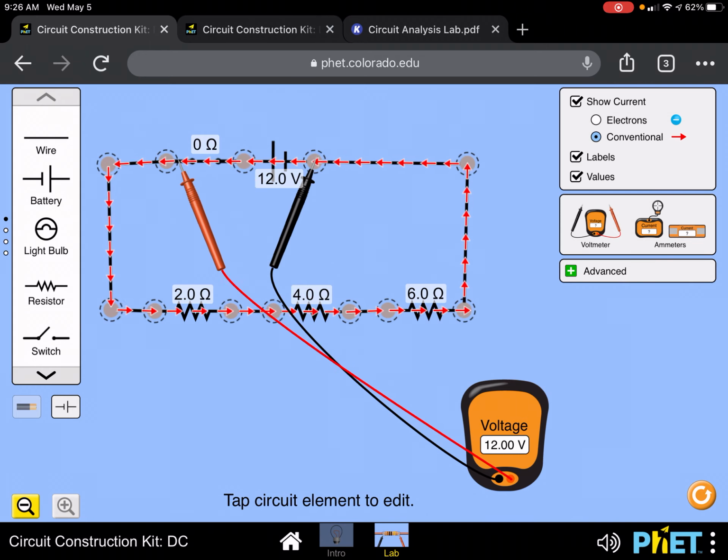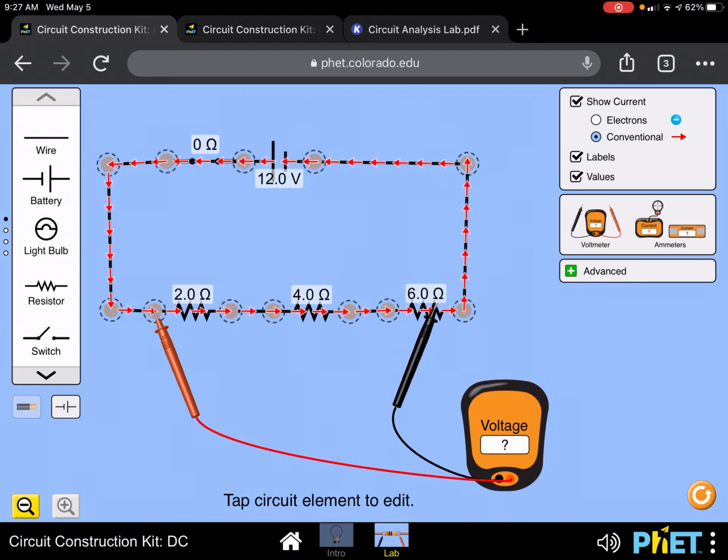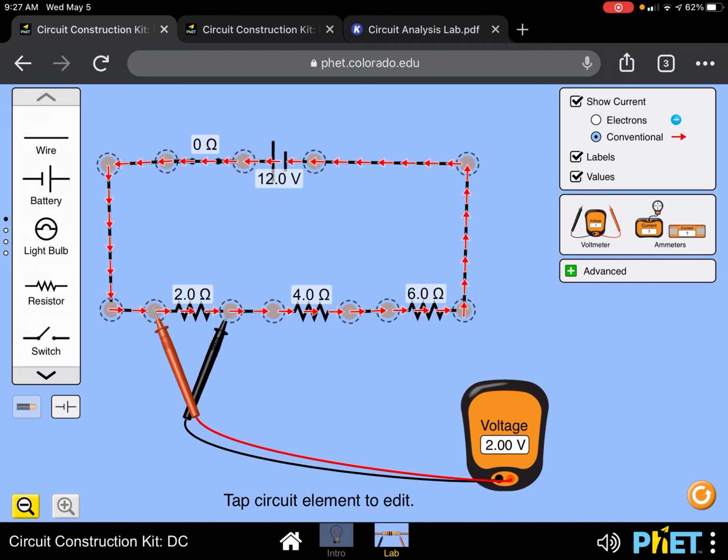Then I'm going to take the red end and move it all the way over here, and take the black end and move it all the way over here across. You see, voltage is always measured across because it represents the difference in potential energy for all those electrons that are moving across a resistance point. And so you can see the voltage across the first light bulb is 2 volts.